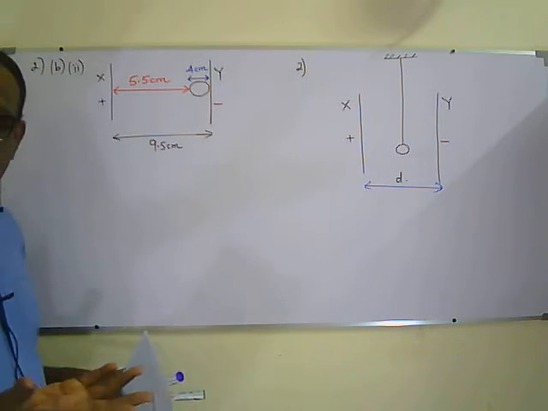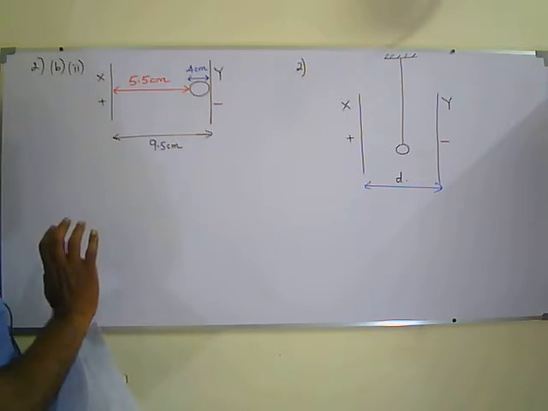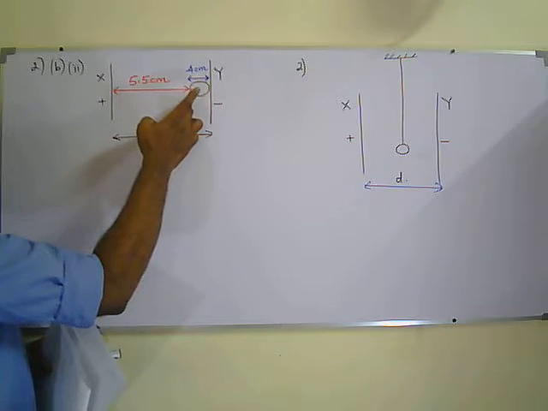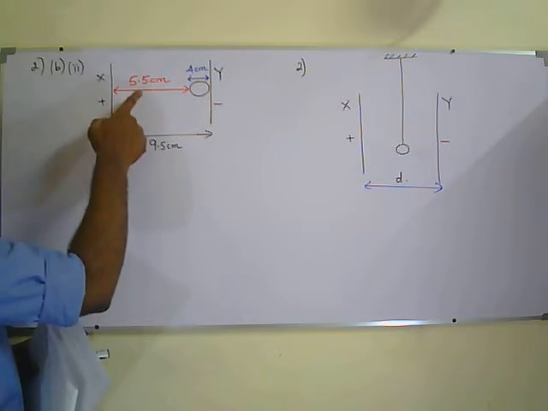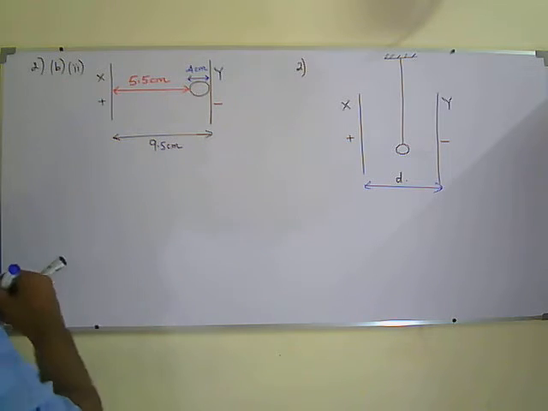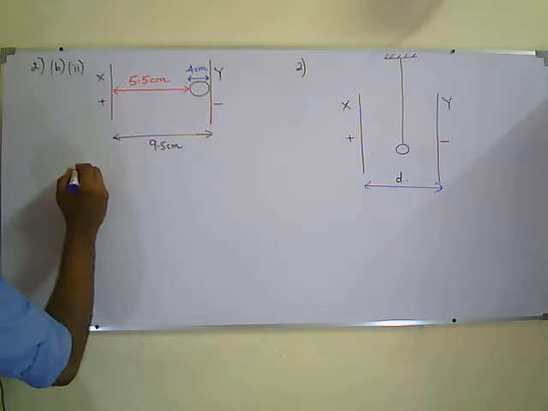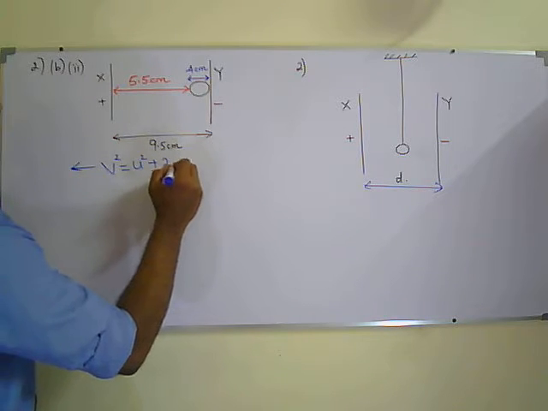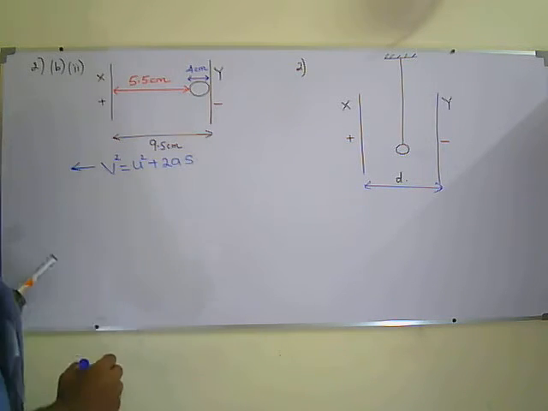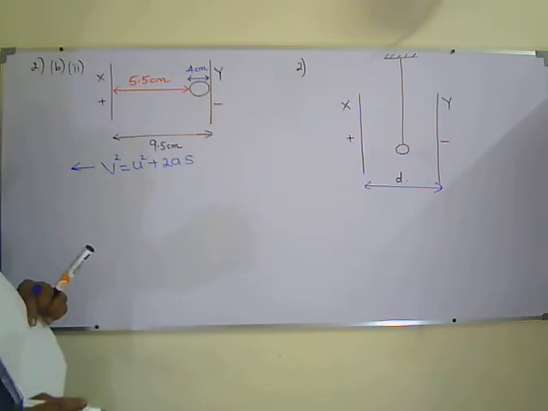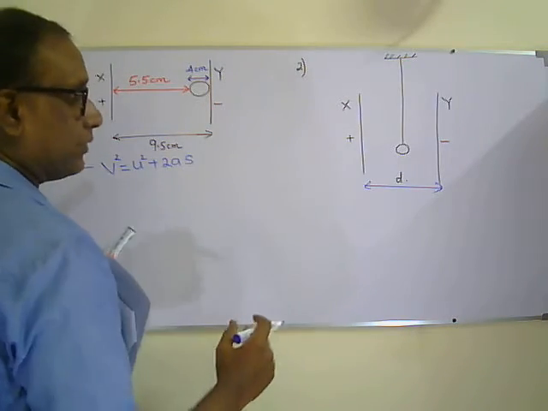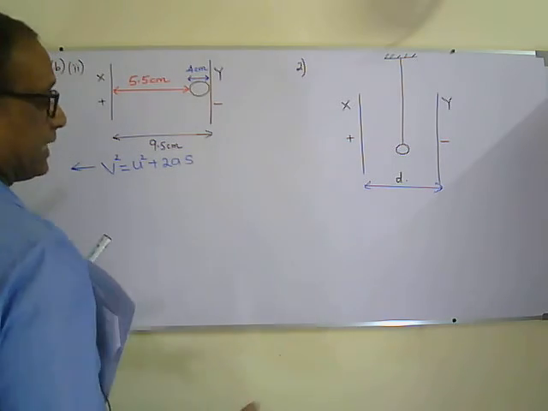We already showed it. So we know the acceleration. We know the distance the ball is going to move from Y to X, that is 5.5 centimeters. So I can use in this direction V squared equals U squared plus 2AS to find the speed when it just reaches the plate X. So the initial speed is 0 because it's leaving plate Y from rest.